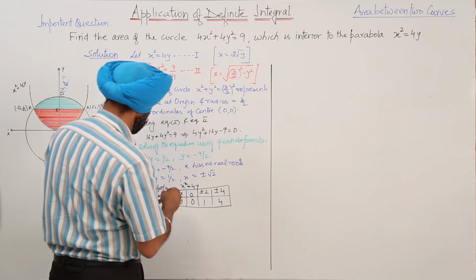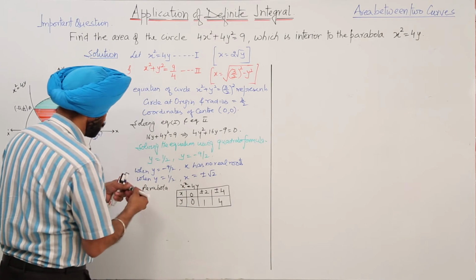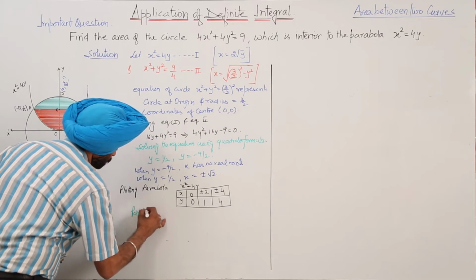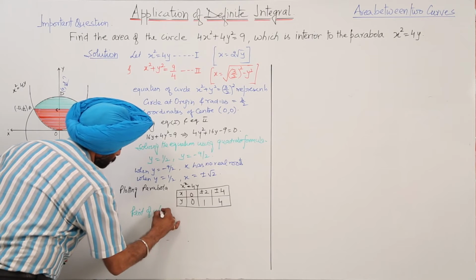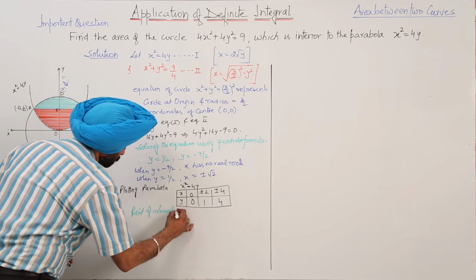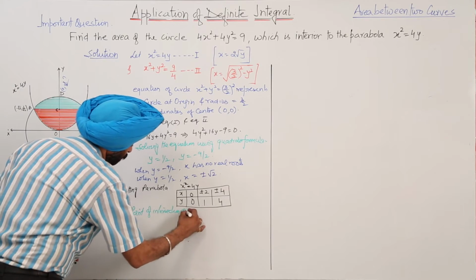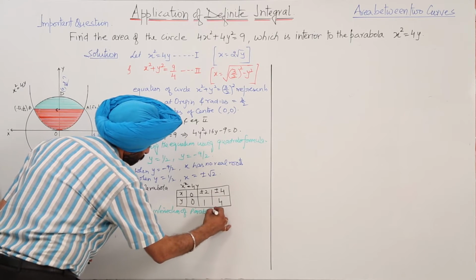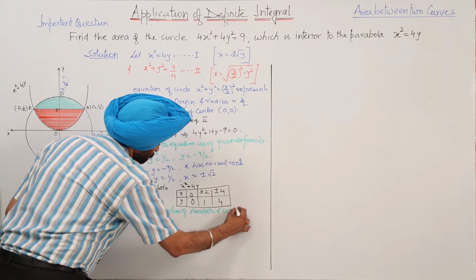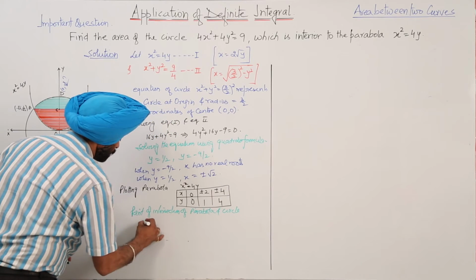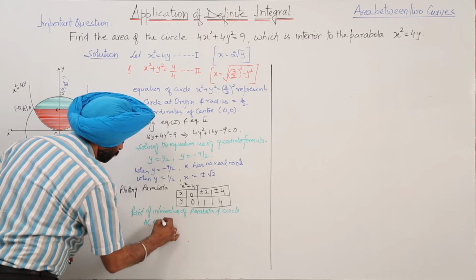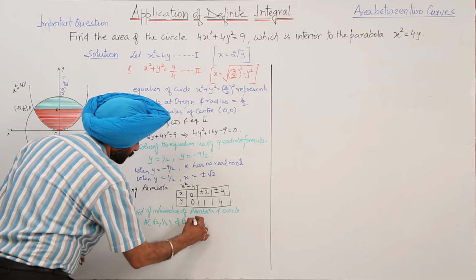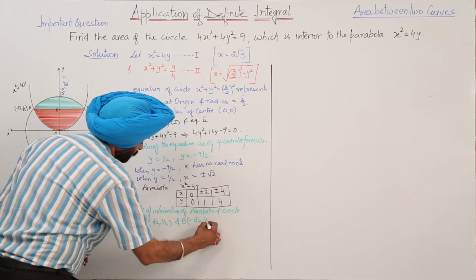Okay, here it was. Now point of intersection of parabola and circle, that are A with root 2 comma 1 by 2 and B with negative of root 2 comma 1 by 2.